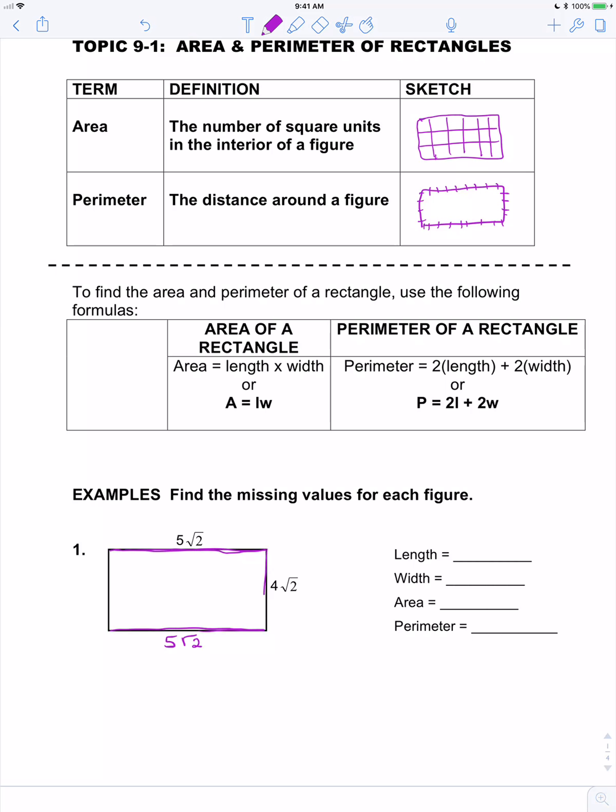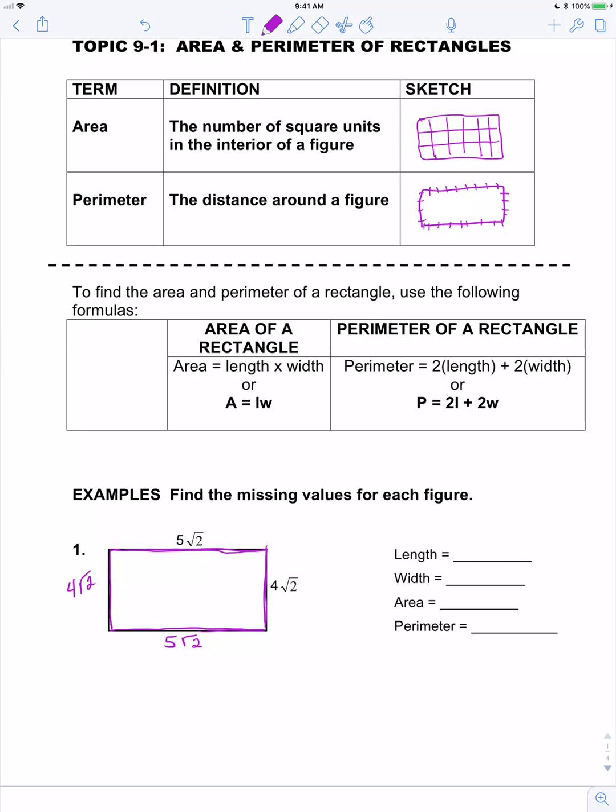If this width is 4 square roots of 2, then the other width also has to be 4 square roots of 2. If not, they are not rectangles. That's just the property of a rectangle, that opposite sides are always the same length, so that's how we get those.